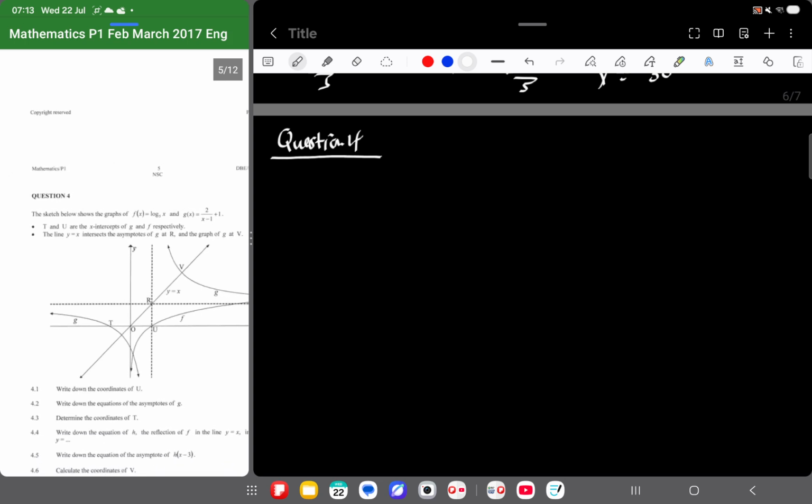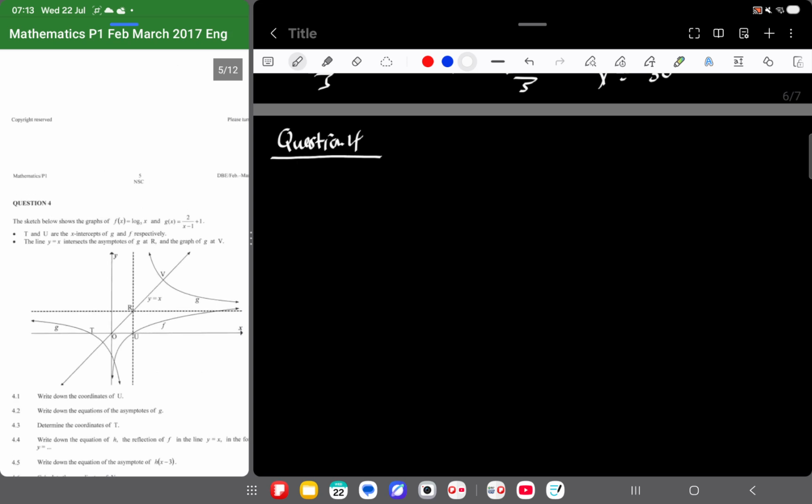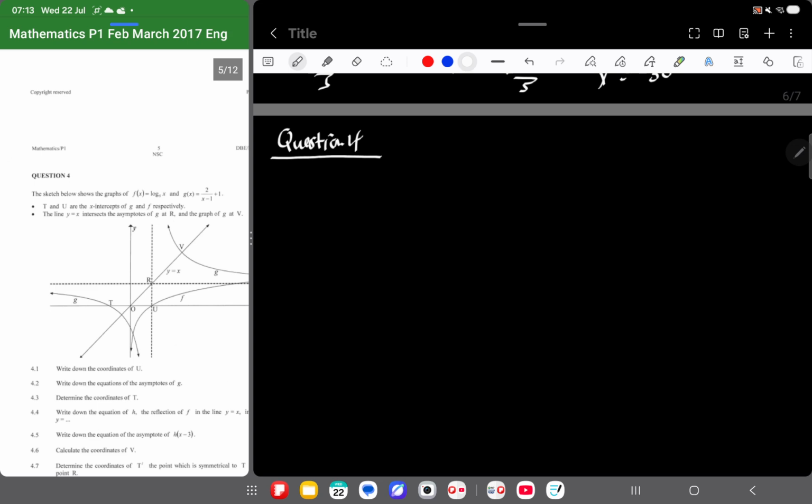T and U are the x-intercepts of g and f, respectively. The line y = x intersects the asymptotes of g at R and the graph of g at V.